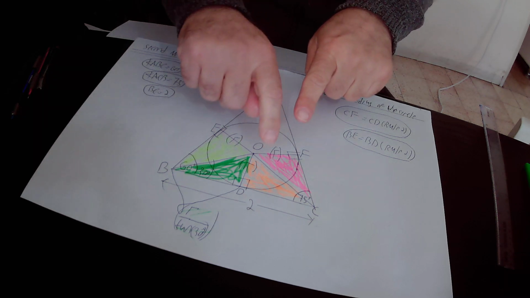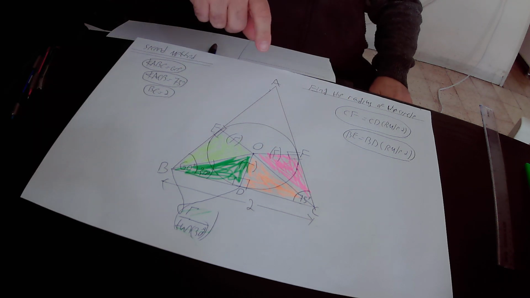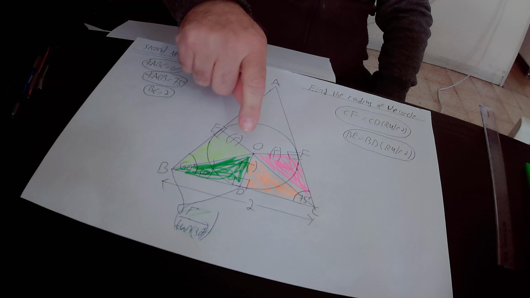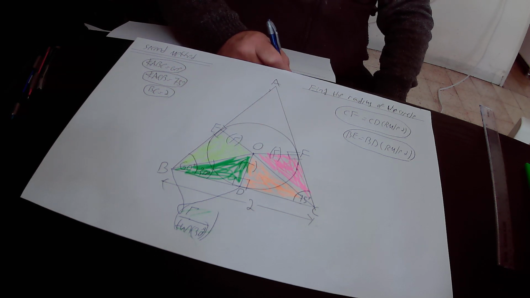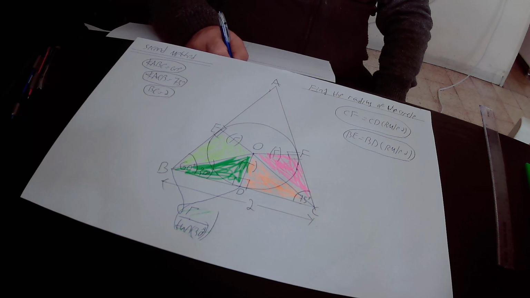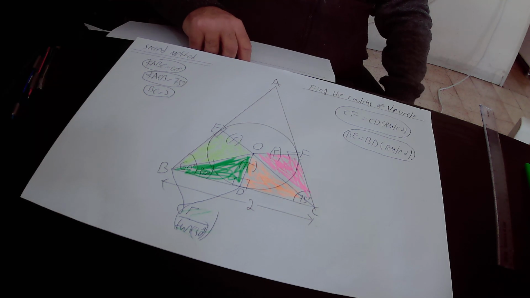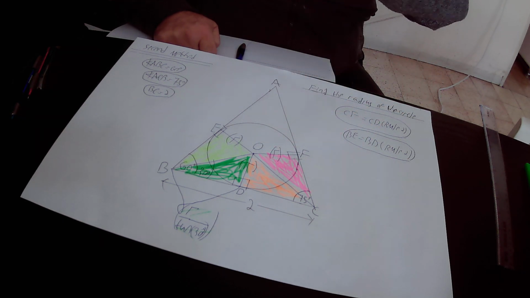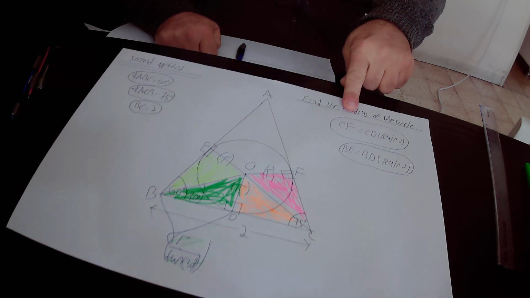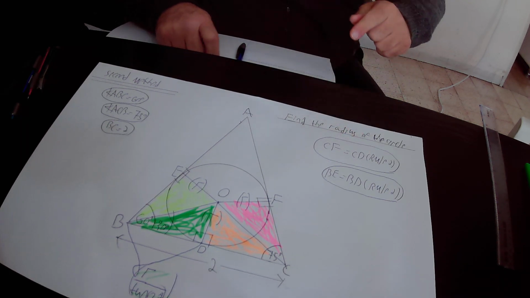So why are those two triangles congruent to each other? OF equals OD, they are both the radii of the circle, therefore they are equal to each other. In addition, CF equals CD, according to rule number 2.